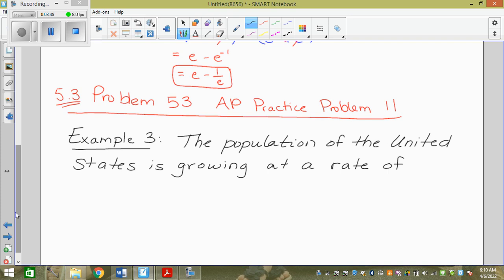The derivative, correct? You guys know that. It's growing at a rate of P prime of T equals 2.867 times 1.009 to the T, million people per year.